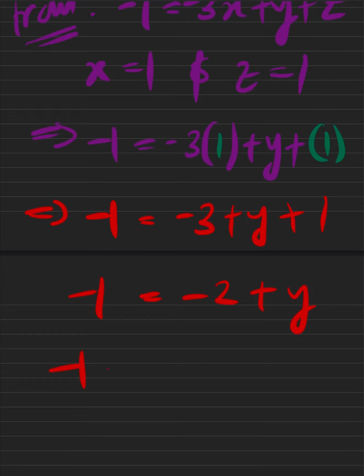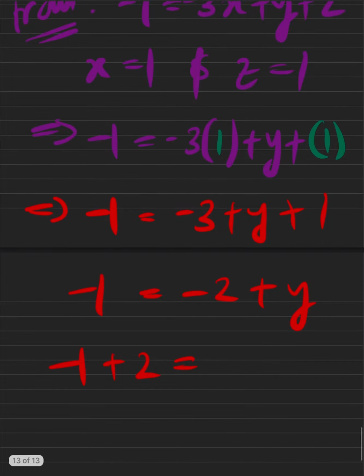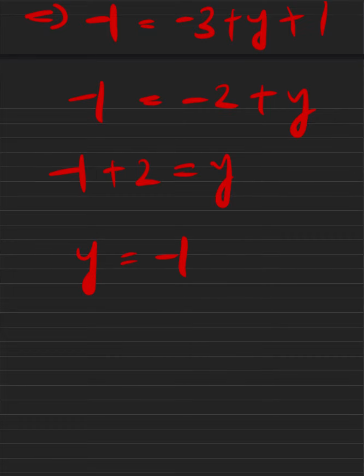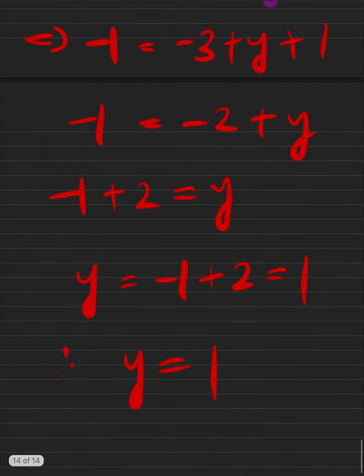That is -1 plus 2 is equal to y, right? So your y is -1 plus 2, so you are left with y giving us 1. So you can just conclude and say y will give me 1.